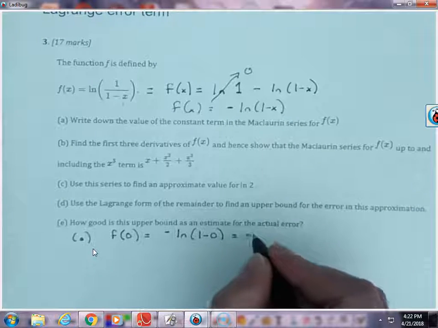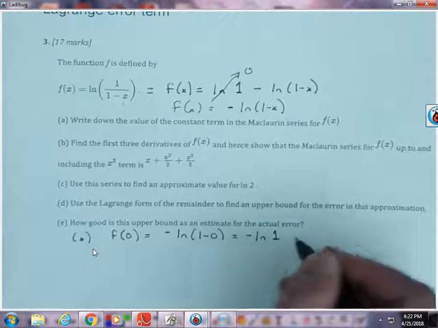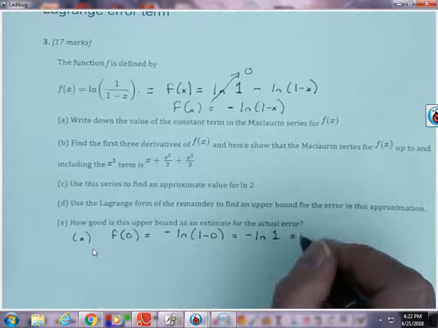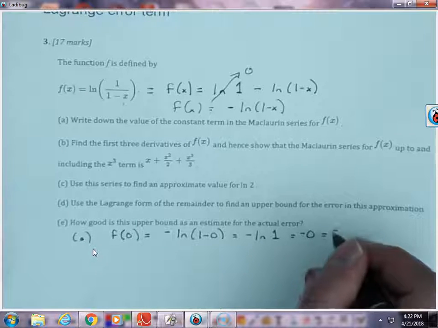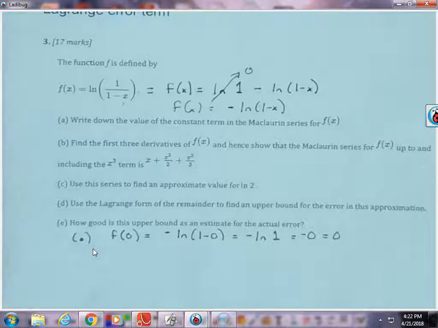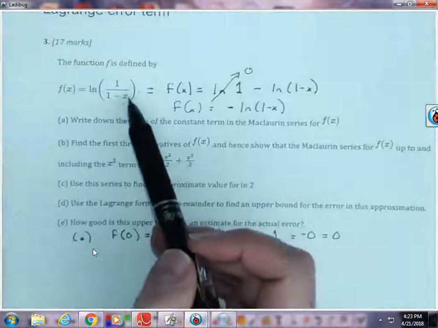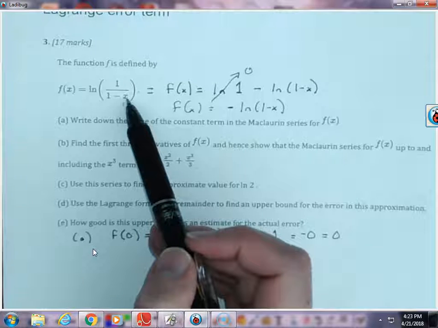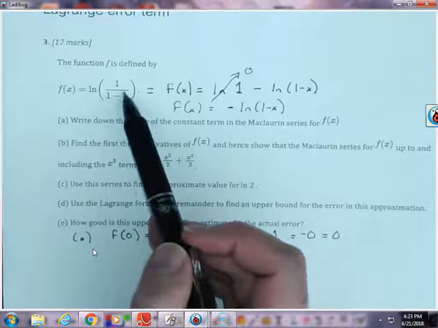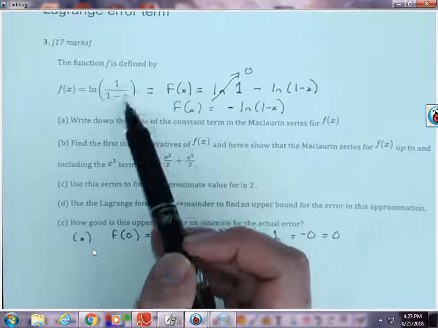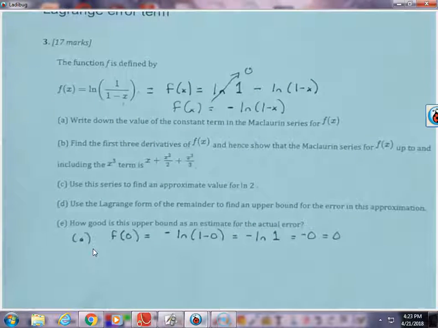So it's just the negative of the natural log of 1. Natural log of 1 is 0, so good old negative 0, affectionately known as 0. Now, I wasn't required to show any work for that. You could have just said, probably maybe easier here, substitute in 0, so you have the natural log of 1 over 1, natural log of 1 is 0. So you could have just said f of 0 equals 0. So that's the first part.